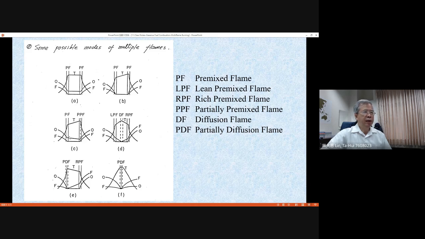Actually, the excess oxygen in the premixed flame in the left hand side is higher than that in the flame in the right hand side, which means you can see there is a so-called oxygen concentration gradient, right? Now, when you see this kind of oxygen concentration gradient, it means you will have oxygen diffusing from the left-hand side to the right-hand side, right?